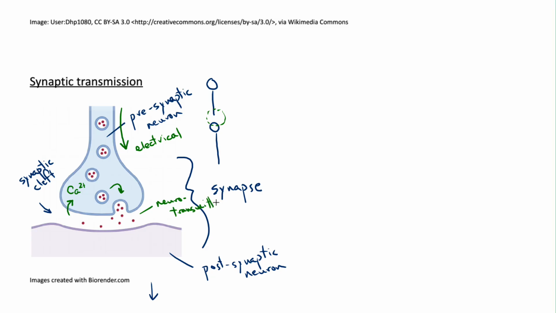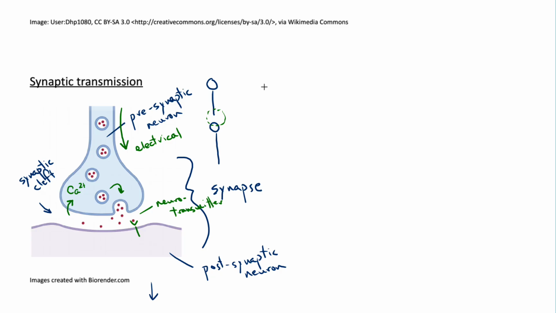It's all one word, I'm just hyphenating it here because I've run out of space. That neurotransmitter could be something like dopamine, serotonin, etc. And the neurotransmitter is then released by exocytosis into the synaptic cleft, where it then binds to transmembrane receptors on the postsynaptic neuron and triggers an action in that postsynaptic neuron.